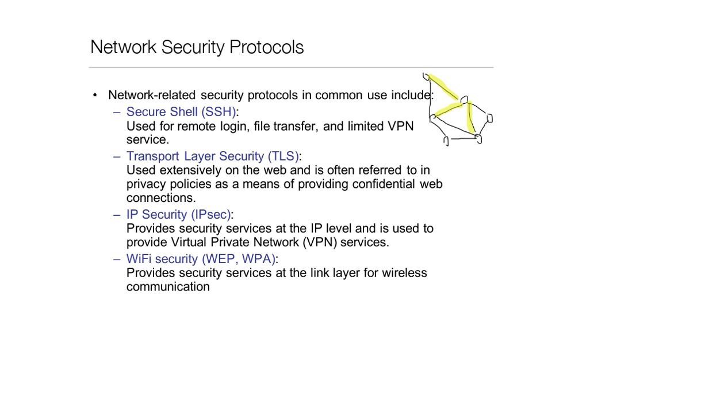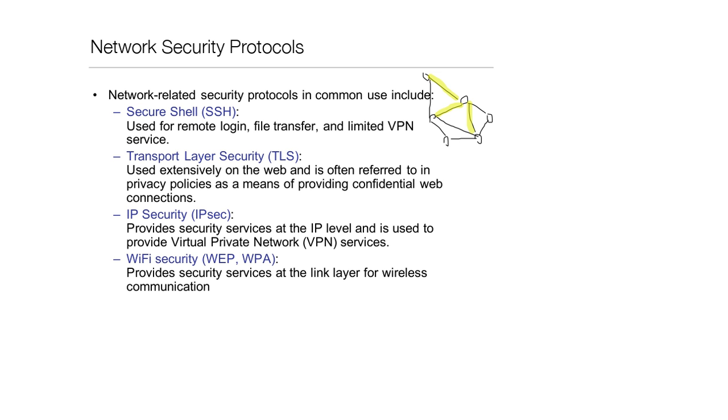So data coming from the application is encrypted and goes to the other end, and once it arrives, it is decrypted at the application layer. In between the transport layer and application layer, data is encrypted or decrypted. So TLS and SSH are situated between the application and transport layers.